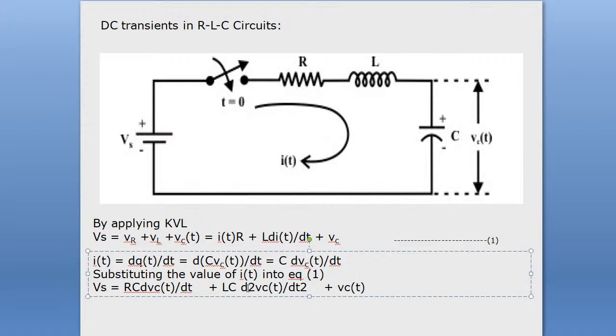Let me write it in the proper format: LC d squared Vc(t) by dt squared. Everyone, see the final expression, and you can solve it yourself.